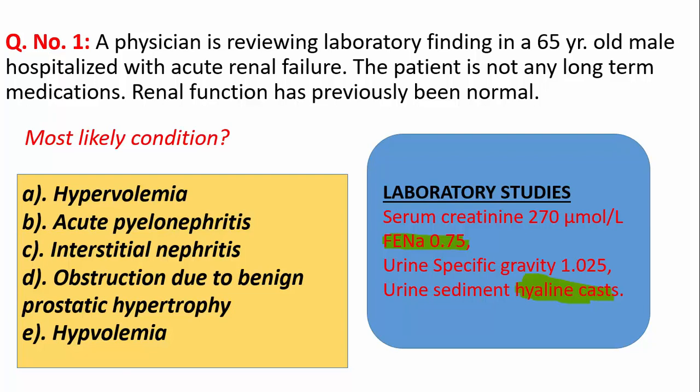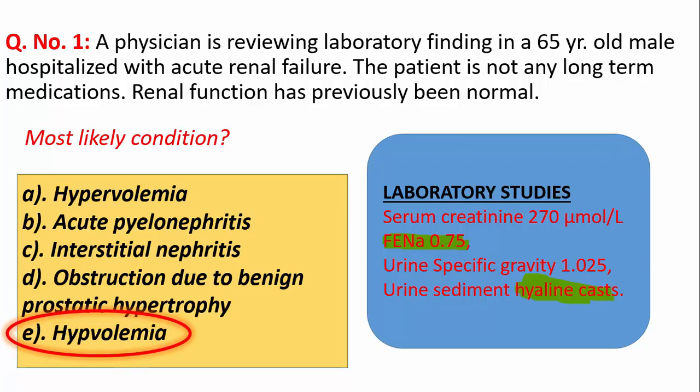In acute pyelonephritis there will be no hyaline cast, but rather increased WBCs, and interstitial nephritis injures the kidney itself, so FENA will be greater than 1. Obstruction due to benign prostatic hypertrophy also does not give labs like this. So this is hypovolemia, the pre-renal cause.